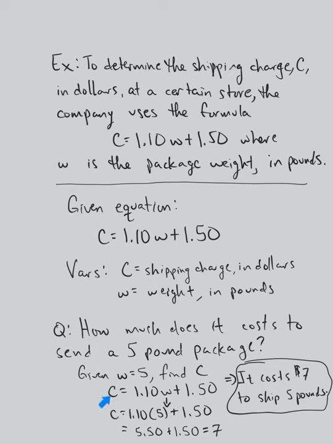Then I would be filling in the 5 for the C right here. I'll just write it over here really small. I would end up with 5 is equal to 1.10W plus 1.50. I'm not going to ask those questions yet because that requires some equation solving that we haven't got into quite yet.